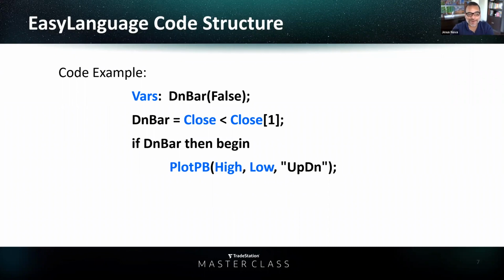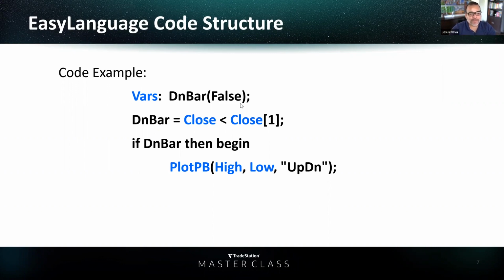Now, this is very cool because on a paint bar, you can choose to paint certain sections of the bar. The fact that you have the ability to tell where you want to start the paint or where you want to end the paint is pretty cool, because you can create very nice looking studies where you paint just half or 1/3 or a fraction of the bar and not the full thing.